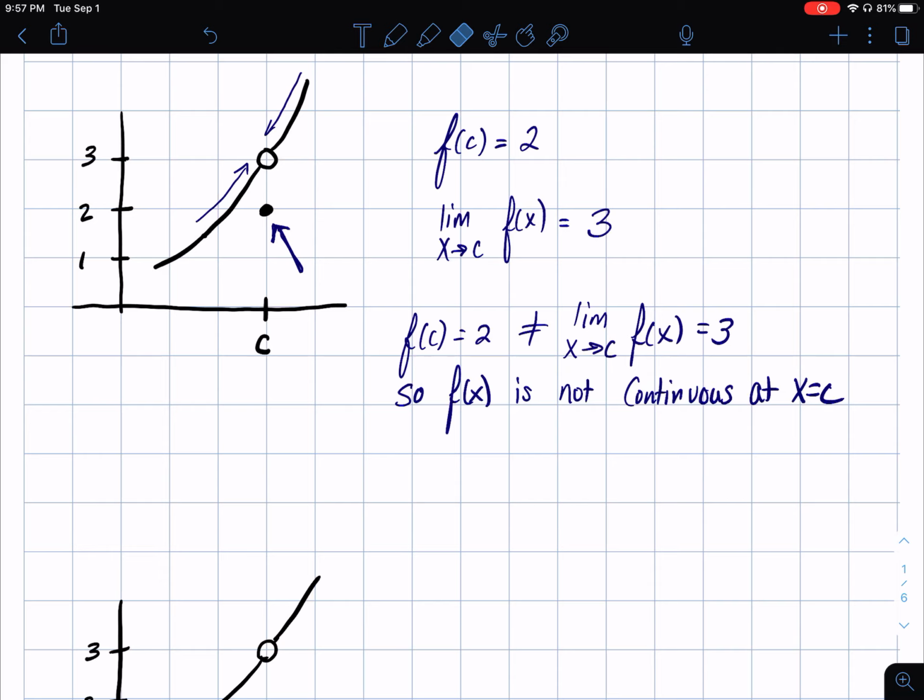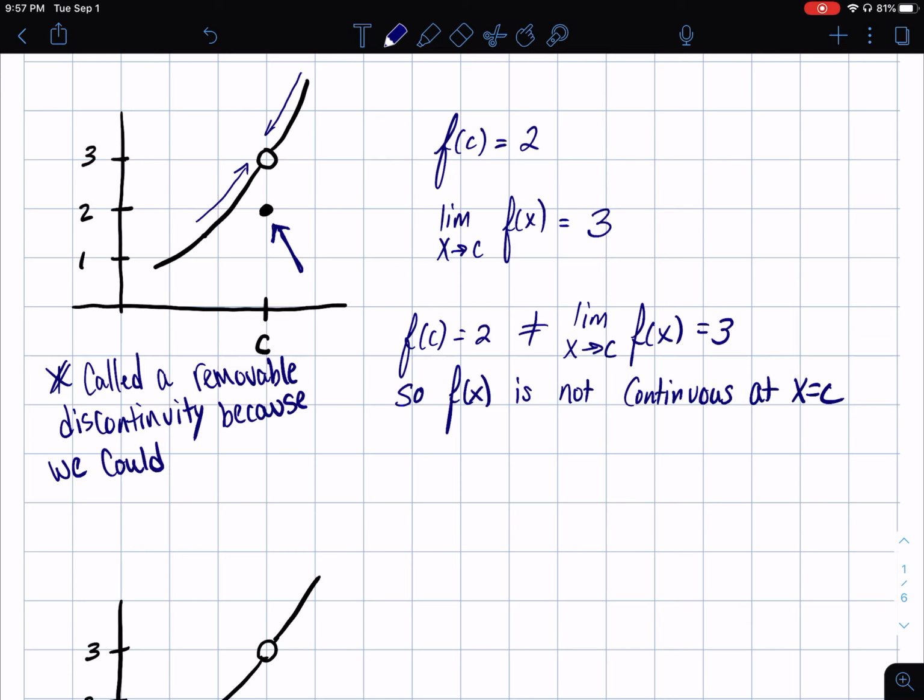And so we call this a removable discontinuity, because we could change the function to plug the hole.